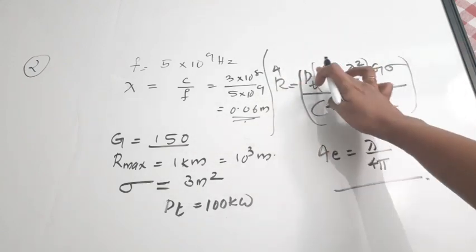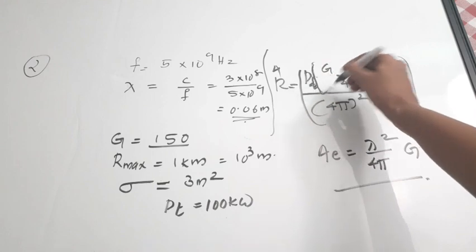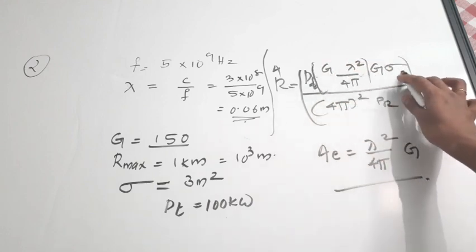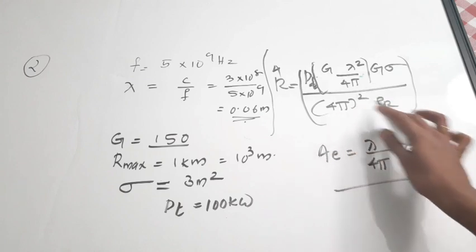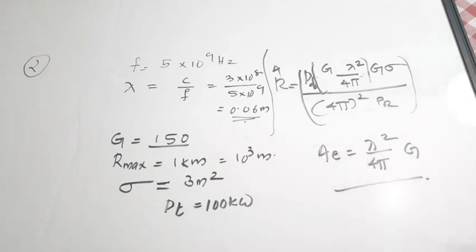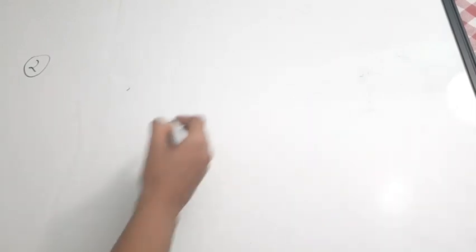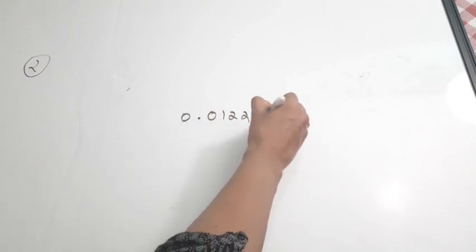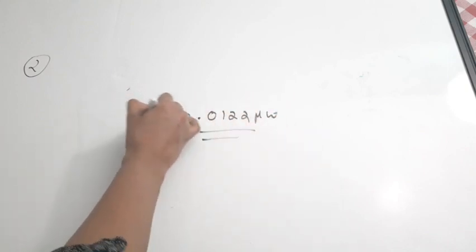R raised to 4 equal to PT into G lambda square by 4 pi into G again sigma by 4 pi square PR. From that you will get PR. And if you solve it, the value obtained is 0.0122 microwatt approximately, which is the received power.